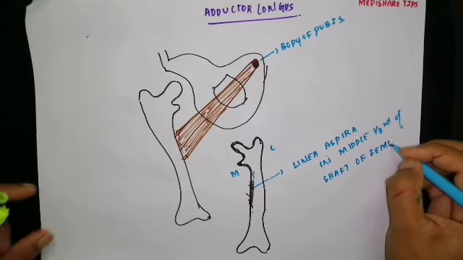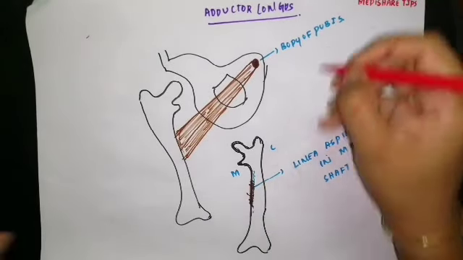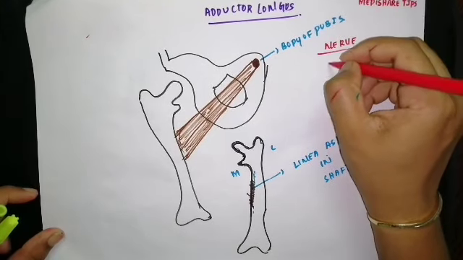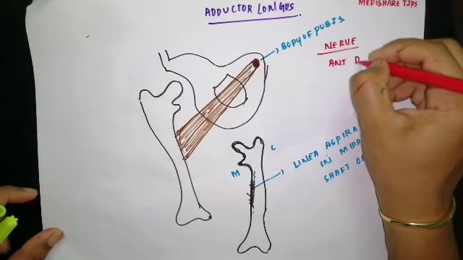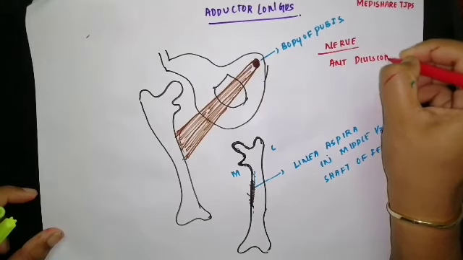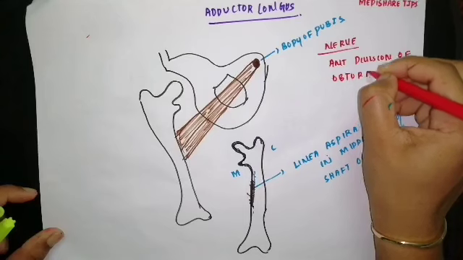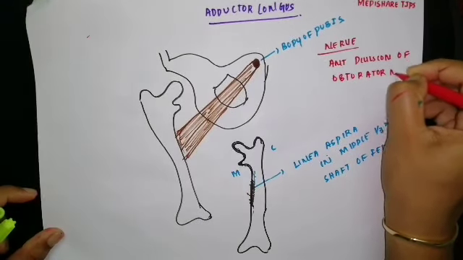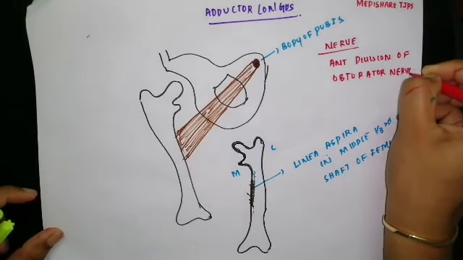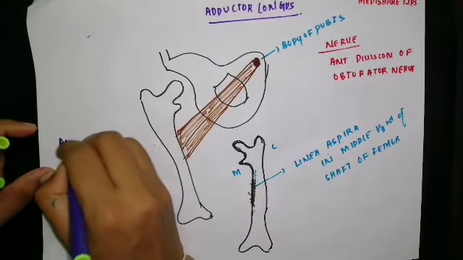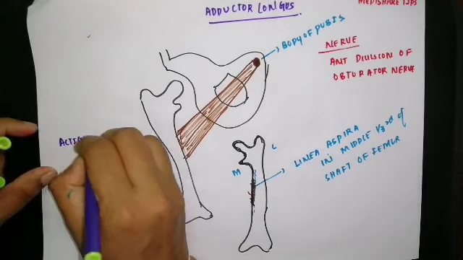Now what is the nerve supply? It is supplied by the anterior division of the obturator nerve. Now the action of this muscle is that it is a powerful adductor of the hip joint.